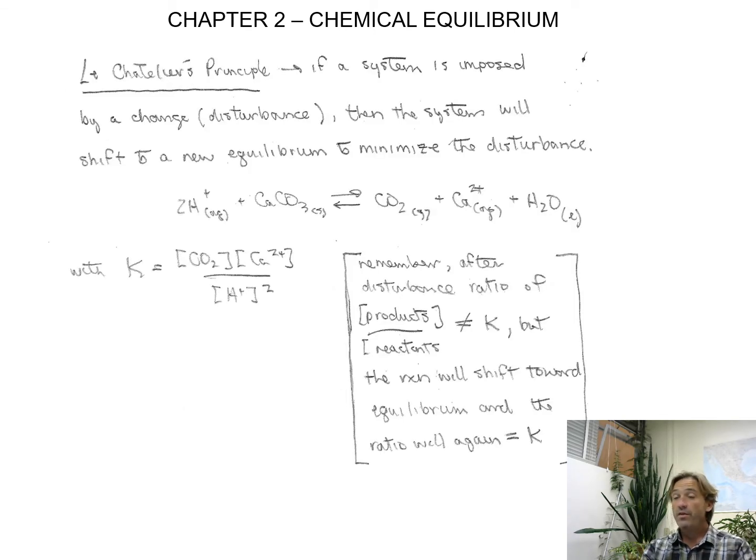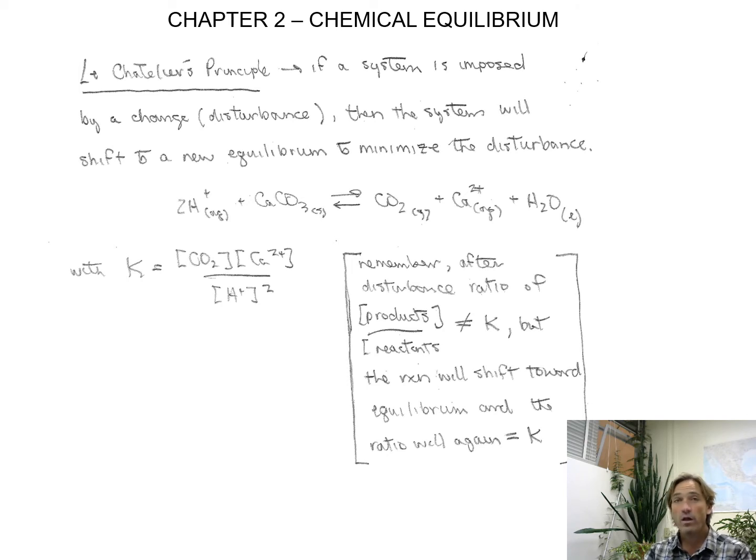So we just covered the equilibrium expression, and we will use that to do equilibrium calculations later. Another way to look at chemical equilibrium is Le Chatelier's principle.